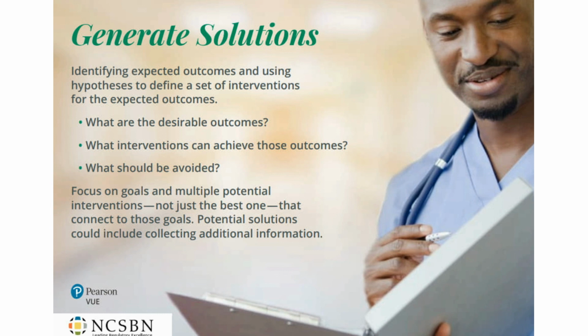Potential solutions could include collecting additional information. So we know, calling, getting more lab work could be an answer for the NCLEX. But generate solutions. What is our plan, right? And I'll teach you all of this when I tutor you.